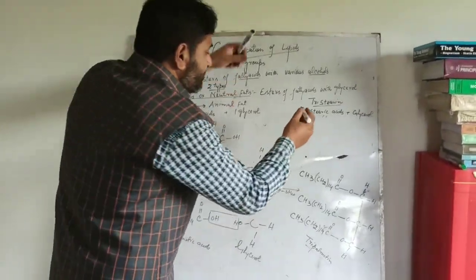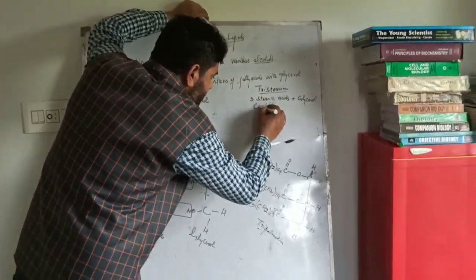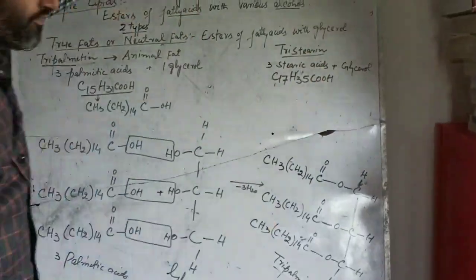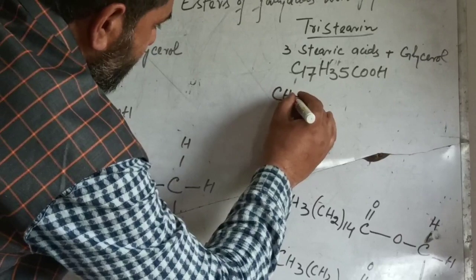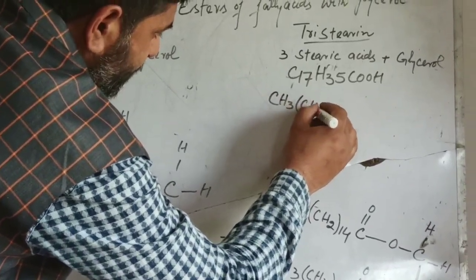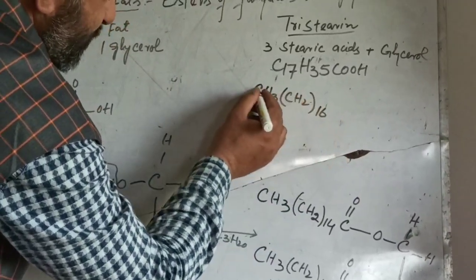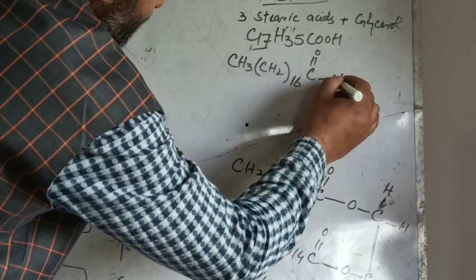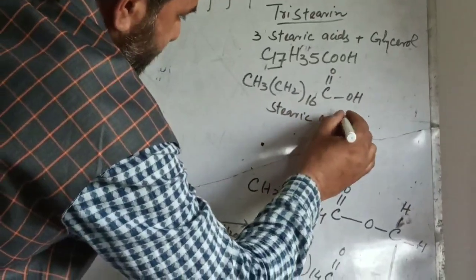And you know that stearic acid has the molecular formula C17H35COOH, or you can write it in an expanded form, CH3 methyl group, then CH2 methylene group, 16 plus 1, 17. These are 17 carbons. Then COOH. This is the structure of stearic acid.